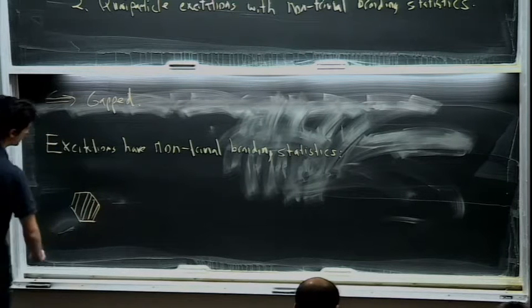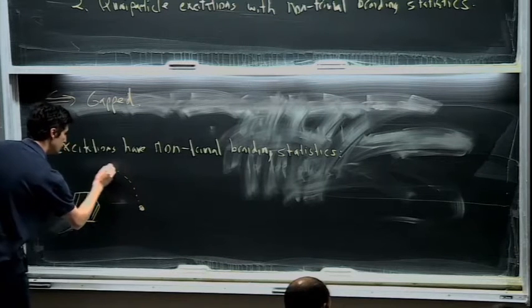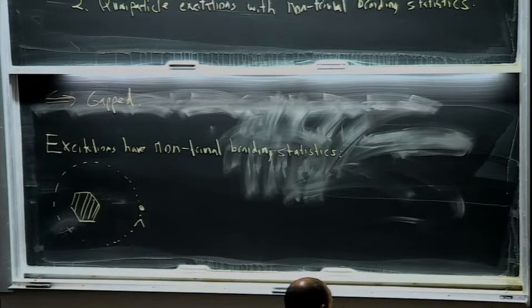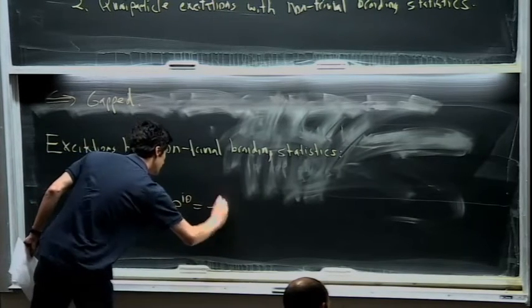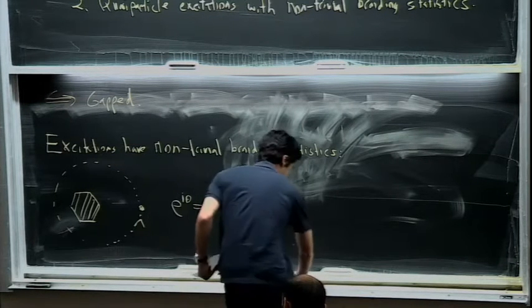So here's my flux sitting somewhere here. Here's my charge sitting here. And if I move it around, it'll pick up a statistical Berry phase. And that statistical Berry phase is -1. OK. So I just want to convince you of that fact very quickly.